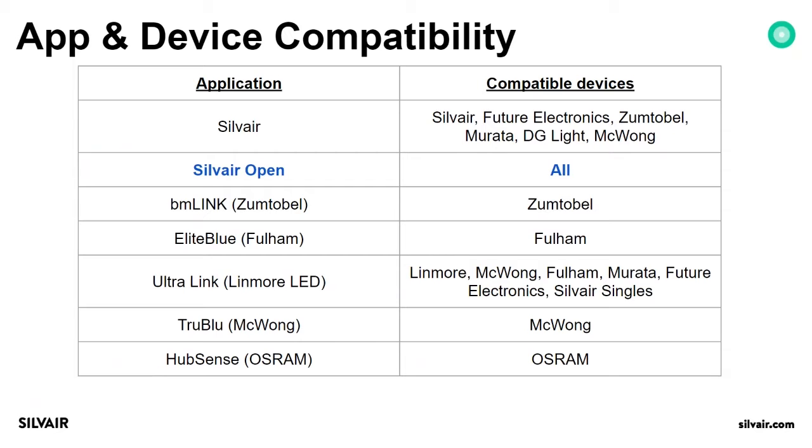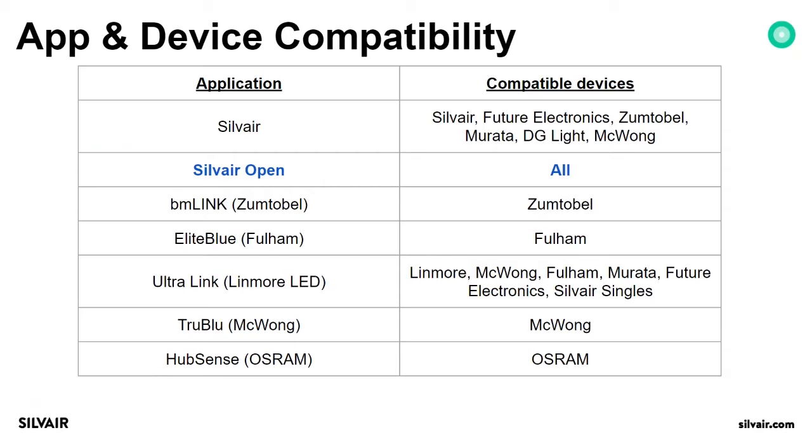One of the branded apps is Zumtobel BM Link, only using the Zumtobel products. This is the same with the Fulham and Elite Blue application. Linmore LED Ultra Link application also allows for devices from different manufacturers, not only Linmore, but also Macmon, Fulham, Murata, Future Electronics, and Silvair.